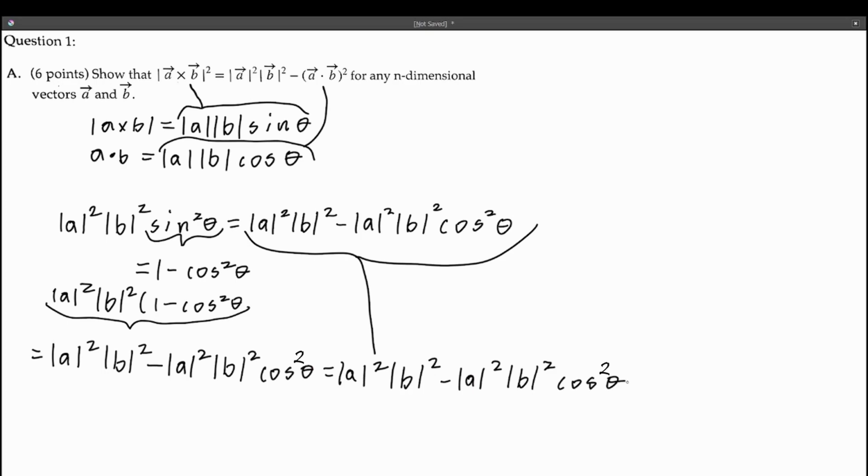Just like that, we have it all solved and written out. Just a couple of formulas you need to memorize, and you can solve it in 2 minutes.